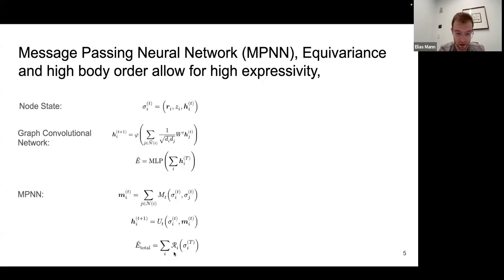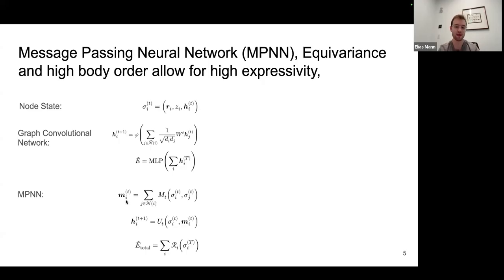So your state of your node at the final message passing step goes through a readout function, which will be a learned, classic ML style function. And then you take the sum across all of these if you want to get your total energy. So this is a more expressive way, it allows more degrees of freedom than a graph convolutional network.